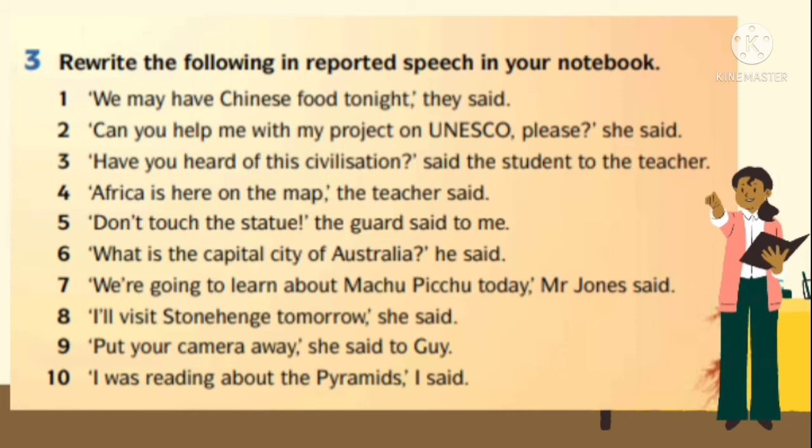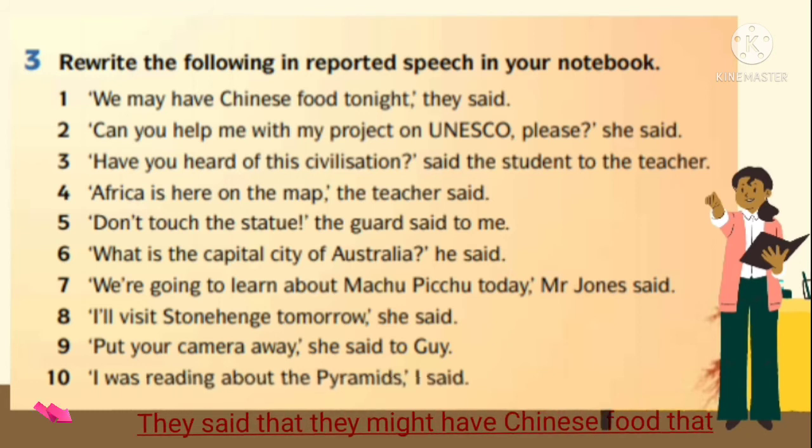Number 2, "Can you help me with my project on UNESCO, please?" she said. Number 3, "Have you heard of the civilization?" said the student to the teacher. And number 4, "Africa is here on the map," the teacher said. So this is an example of how you are going to rewrite sentence number 1.